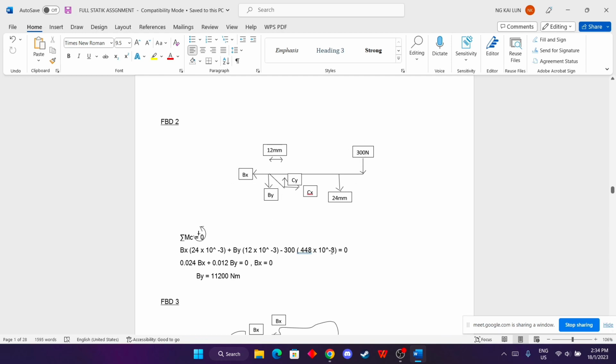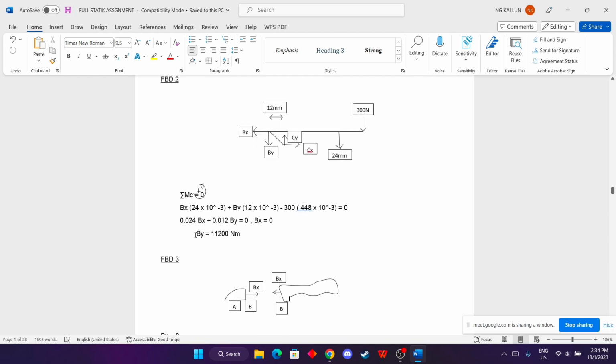So BX times 24 millimeter plus BY times 12 millimeter minus 300 times 448 millimeter equals 0. So that we get BY equals 11,200 Newton meter.